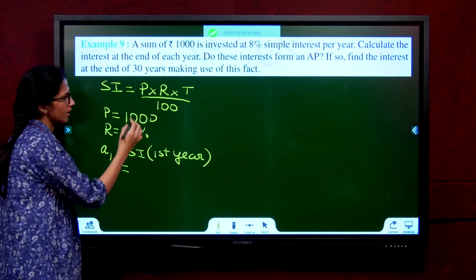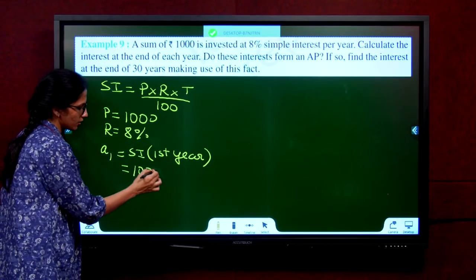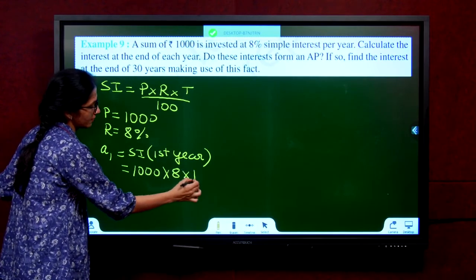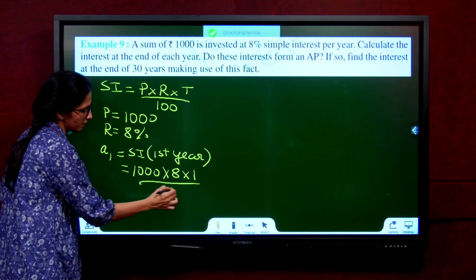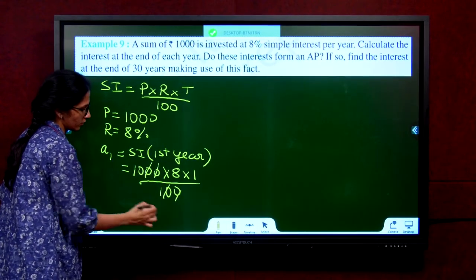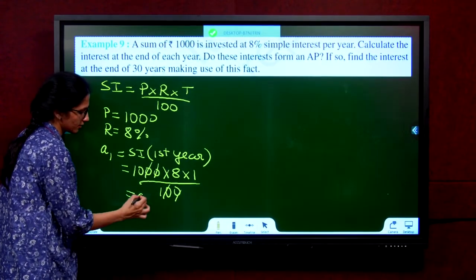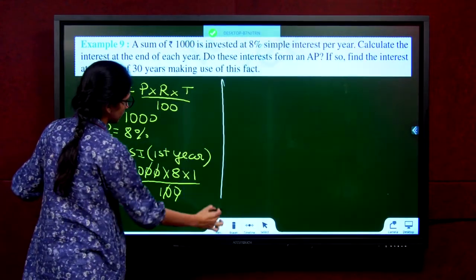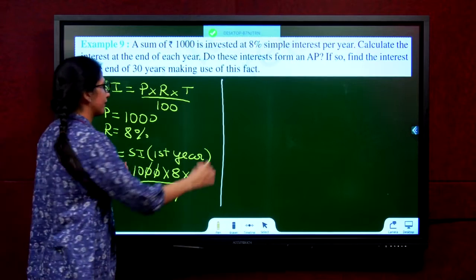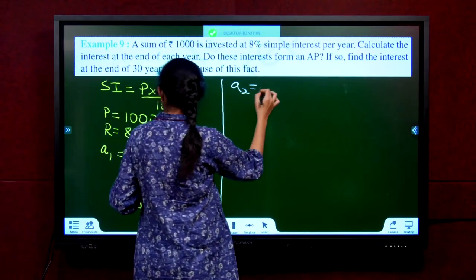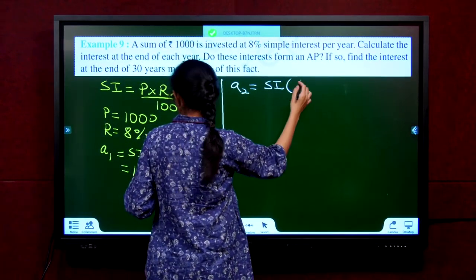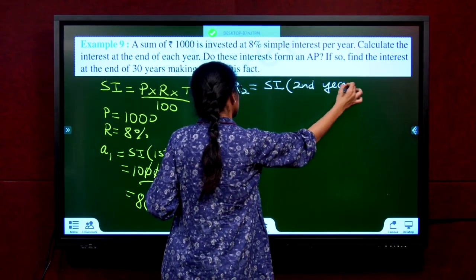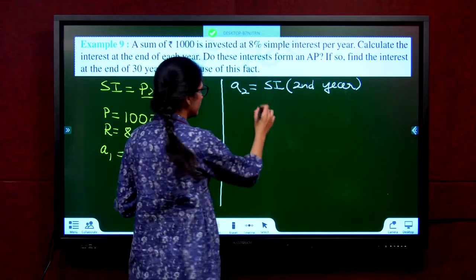So what is this? P is 1000, rate of interest 8, time is 1 because you're doing it for 1 year, by 100. 0, 0, 0 cancel. 10 into 8, 80. Now we'll go for A2, the simple interest of the second year.